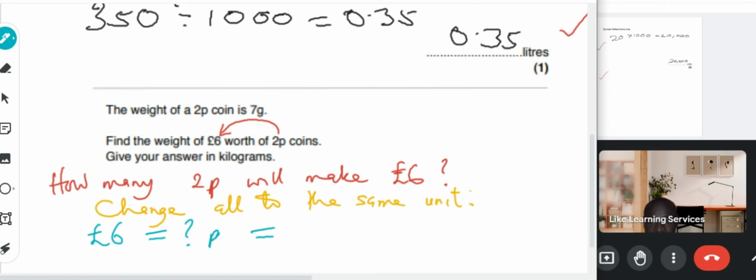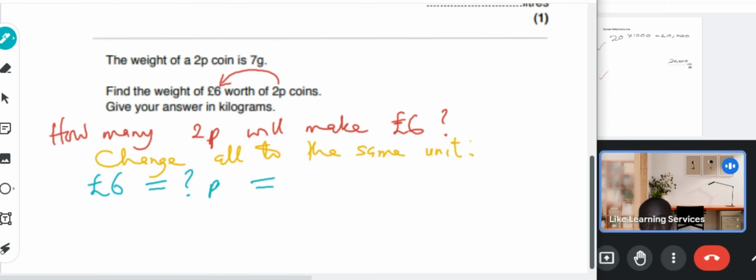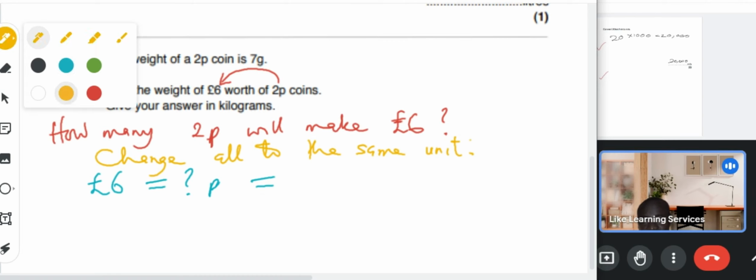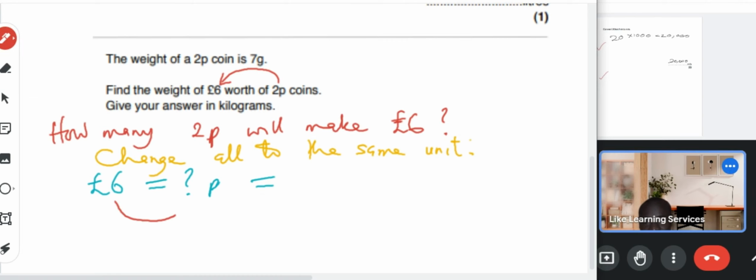And you said it's 600, isn't it? Because it's bigger unit to smaller unit, you multiply by 100, and that will give us 600 pence.